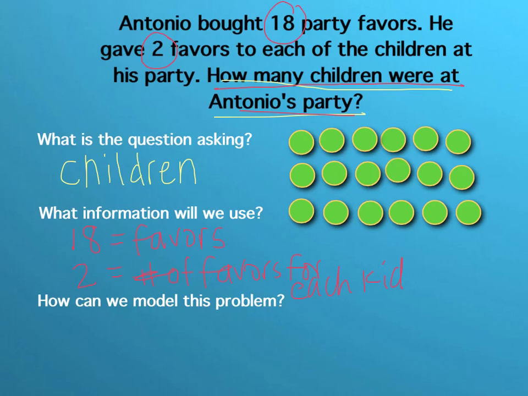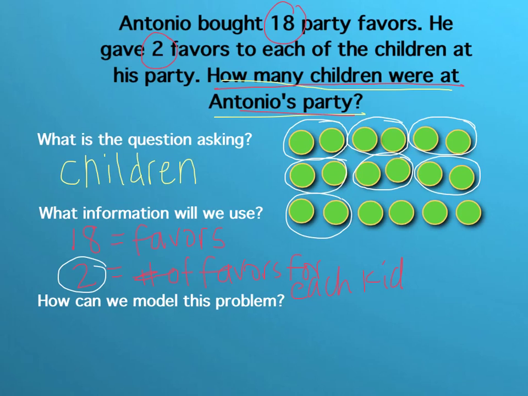Now that we have 18 party favors out, we can group them and pass them out to the kids. So I'm going to use my pen and group them into groups of what? How many party favors did each kid get? We know how many they got, so let's group them in groups of 2. One kid got 2 here. Here's a group of 2. Here's a group of 2. We're going to keep grouping them in groups of 2 because every kid got 2 party favors.